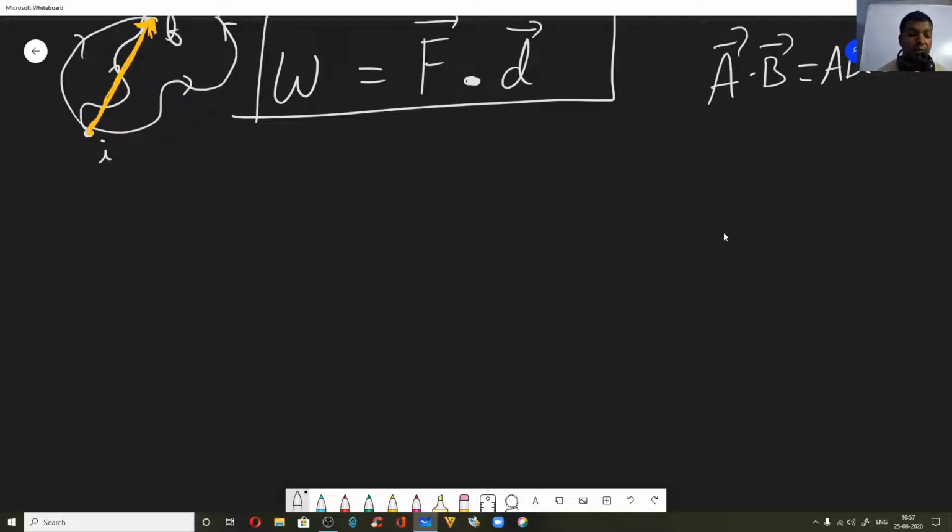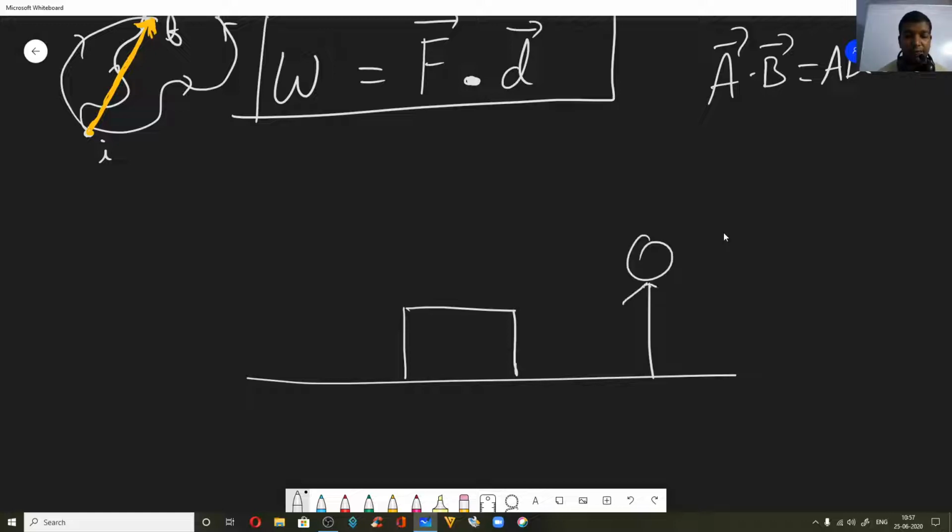Say this is the ground. Now you have a box, don't worry about the mass of the box. Say this is you, and you are pulling the box by tying it to a rope. Say this is the rope, and you are trying to pull the box.